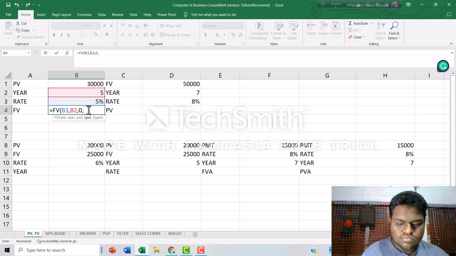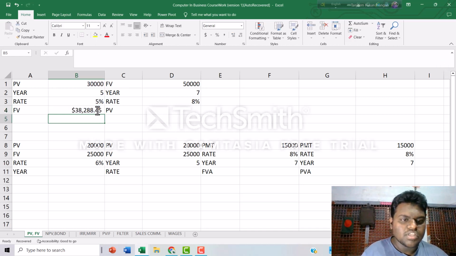Then we put a minus sign and the present value we want, and we would like to calculate this for the end of the period, so 0 again, and close the bracket. This is the formula and this is the mathematical figure. So the future value of $30,000 is $38,288.45.